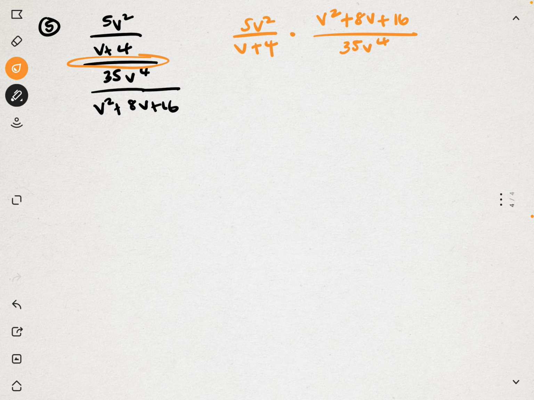Okay, now we need to factor this thing. So we're looking for what multiplies to get 16, but adds to get 8. So that would be 4 and 4.